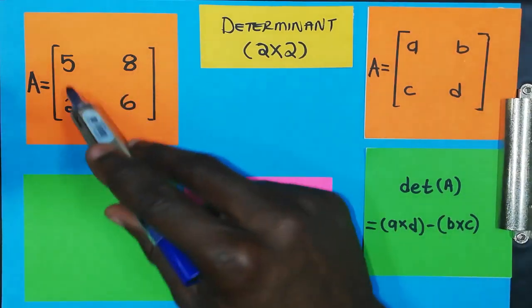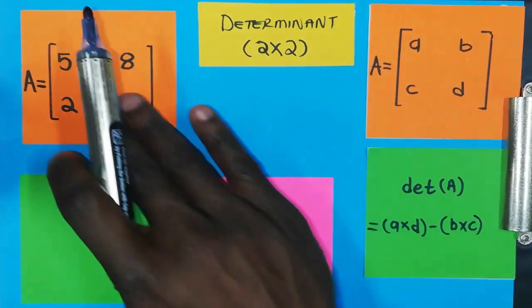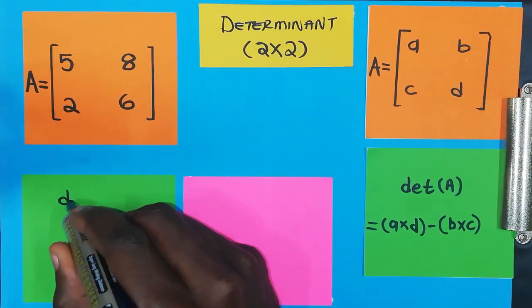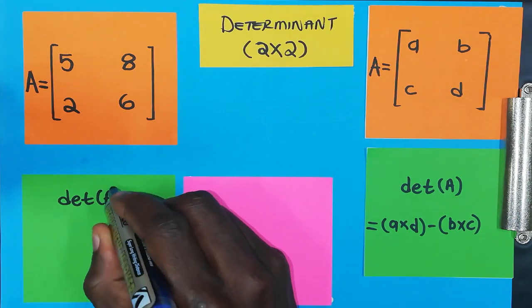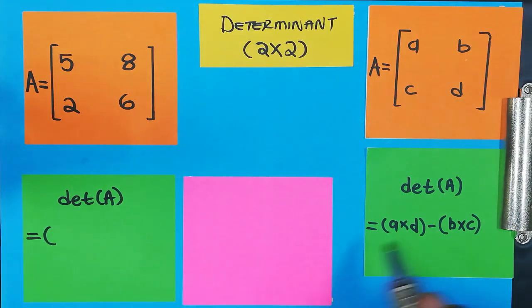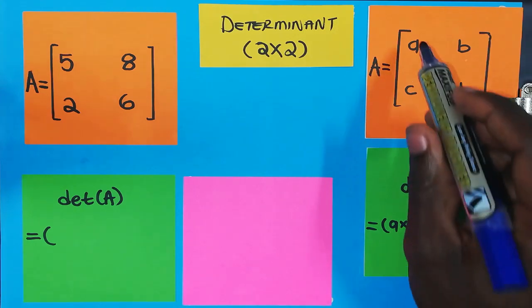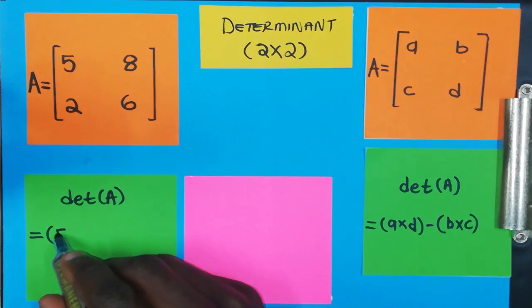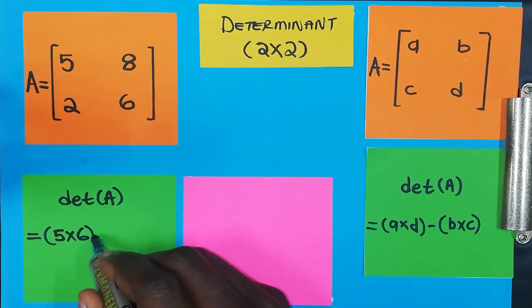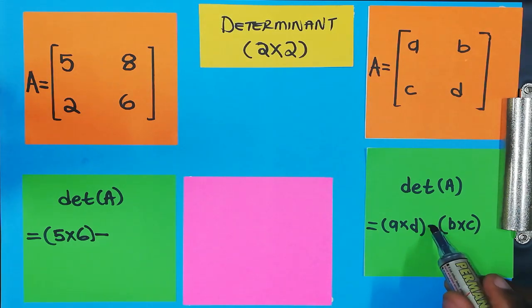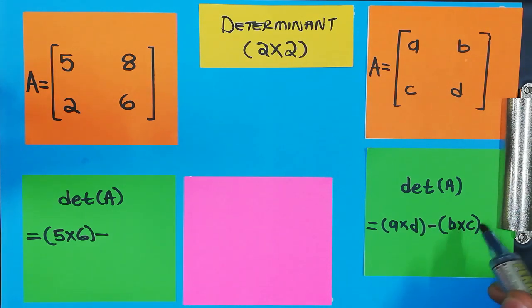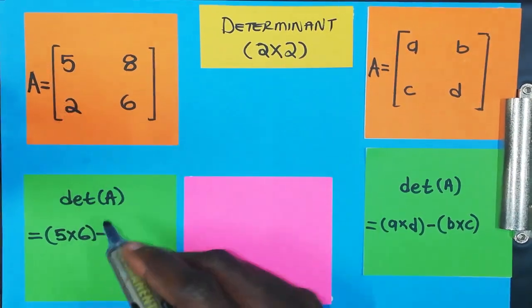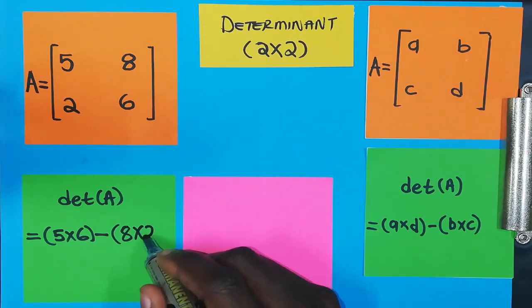Let's do the same thing for this matrix. The determinant for A equals A multiplied by D, so 5 multiplied by 6, then you subtract B multiplied by C, so that is 8 multiplied by 2.